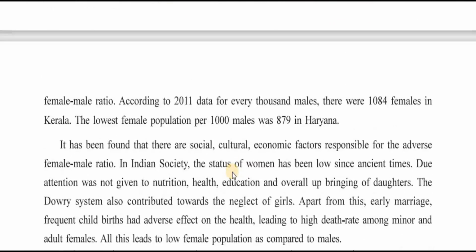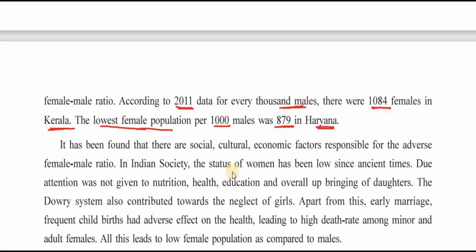All other states have a low female-male ratio. According to 2011 census data, for every 1000 males, there were 1084 females in Kerala. So that is the only bright point in India. Lowest female population was 879 per 1000 males in Haryana.